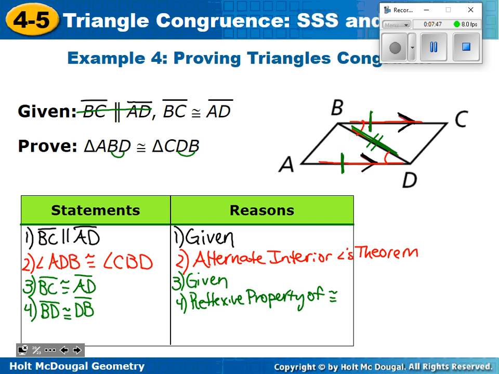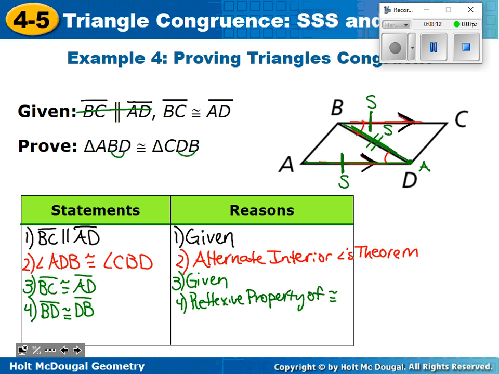And now, do we have 3 things marked in our picture? And so now you have to decide which of the 5 ways have we proven the triangles congruent. So based on the markings in the picture, which of our 5 ways do we have? Good, SAS. We have a side, and where the 2 sides come together, that point is the angle that we have marked. Same in the other triangle.